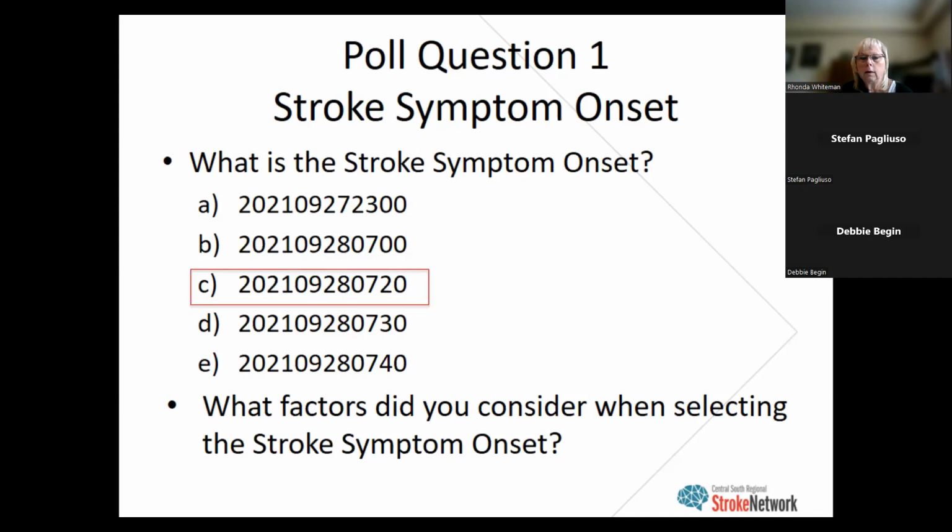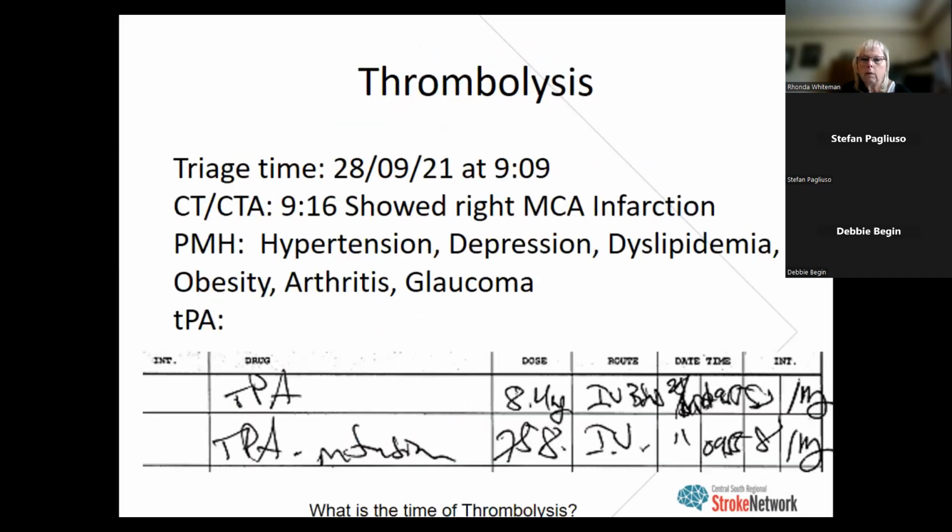Okay, I'll move along. Now we're going to go on to thrombolysis. Here you can see a case where the triage was on 2021-09-28 at 0909. They had their CTA, with the first slice at 0916, which showed a right MCA infarct.